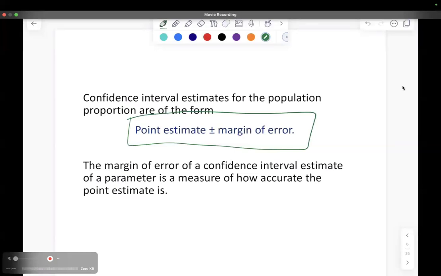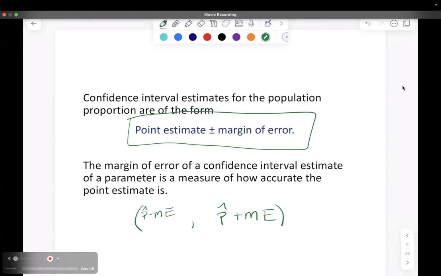The other way that we write it is as an interval. My point estimate would be flat in the middle. So this would be p hat minus the margin of error, comma, p hat plus the margin of error. We would actually calculate the upper and lower bounds.